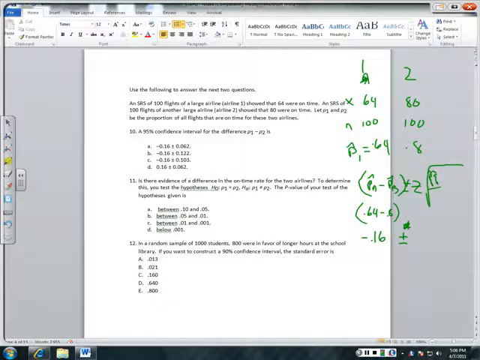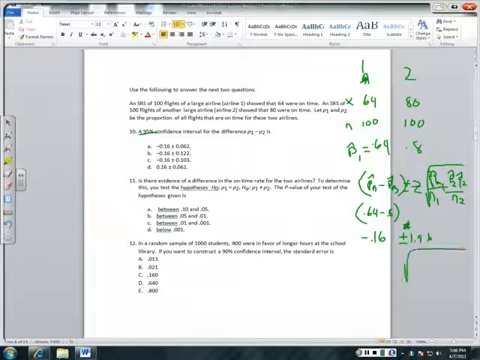I'm not getting this to come out right where I want it. That should be p-hat 1, q-hat 1, and I'm not able to get that to work out very well on the screen. Then p-hat 2, q-hat 2 over n2. So for 95%, you're going to have 1.96.